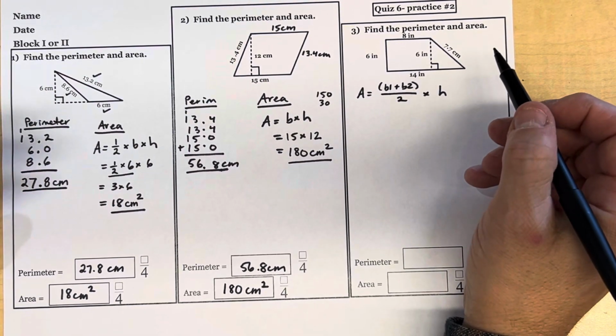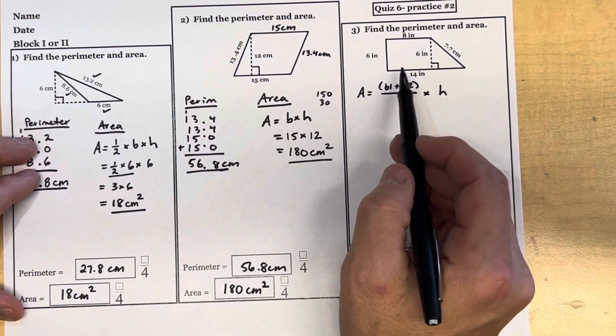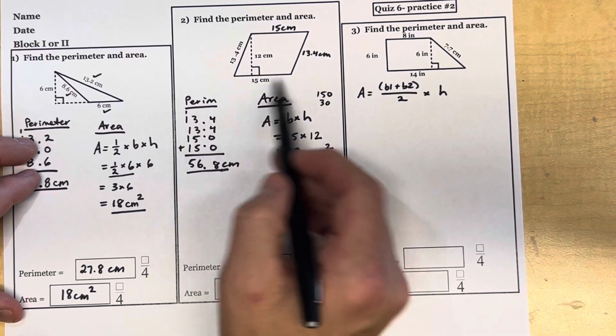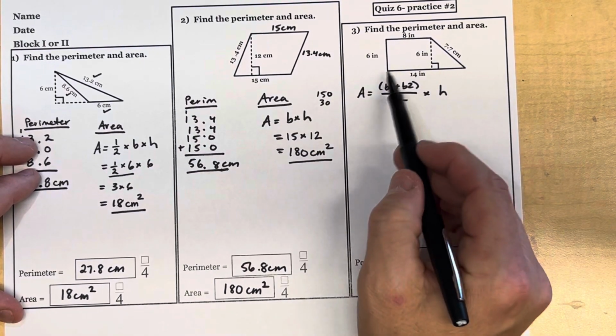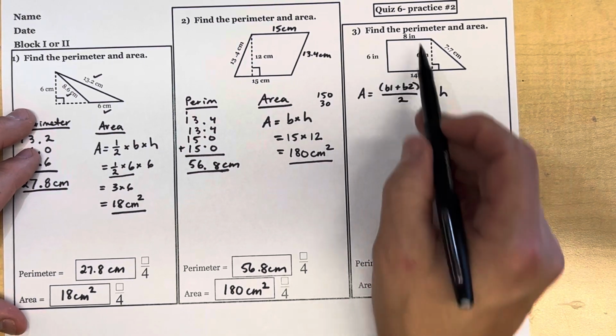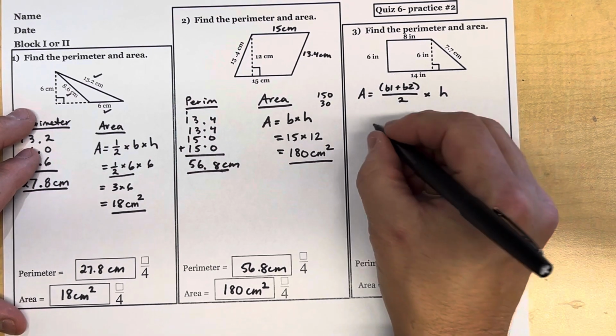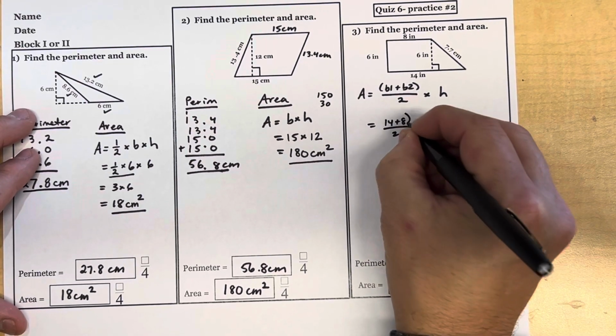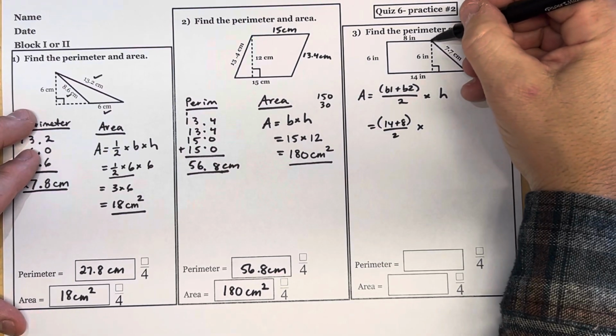A trapezoid is a quadrilateral with 1 set of parallel sides. A parallelogram has 2 sets of parallel sides. A trapezoid has 1. And the lengths of the parallel sides are your base 1 and base 2. So 14 plus 8, divided by 2, times the height.